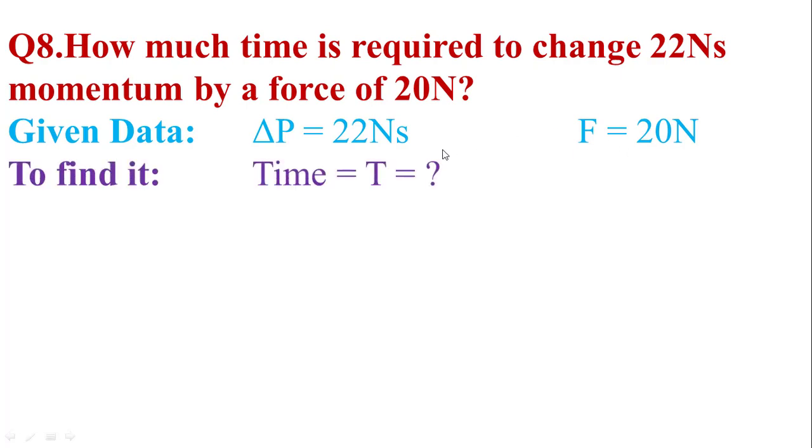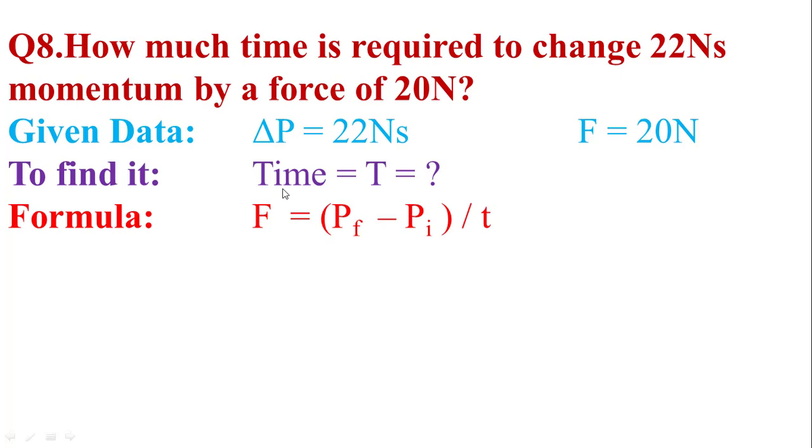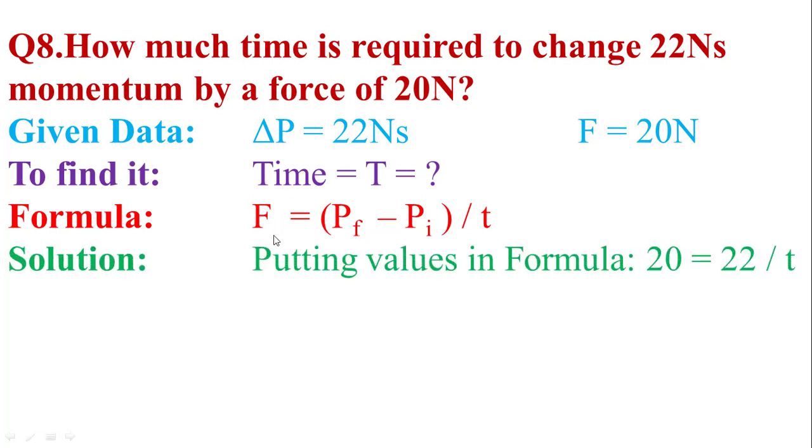To find the time T, we know the formula for the relationship between force and momentum: F is equal to change in momentum divided by time. Now write the solution, putting the values in this formula.